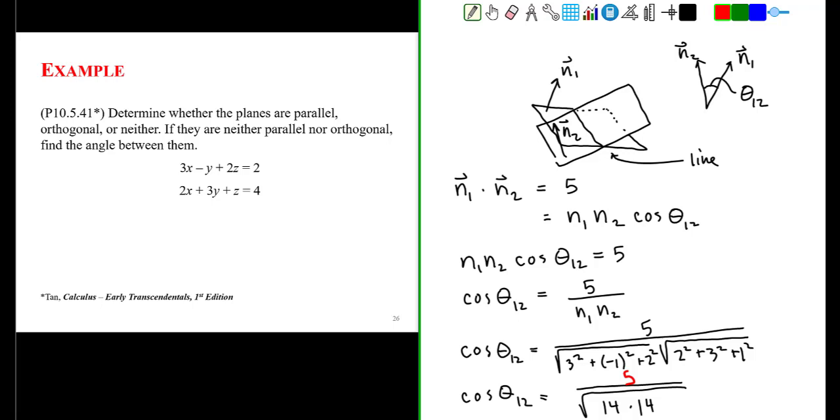And 2 squared is 4, plus 9 is 13, plus 1 is 14. Oh, we got lucky because I don't need my calculator. I was worried I might need it to do some simple multiplication. But this ends up being just 5 over 14.